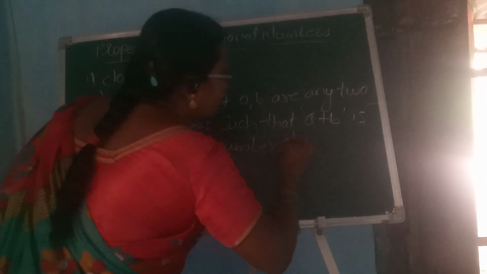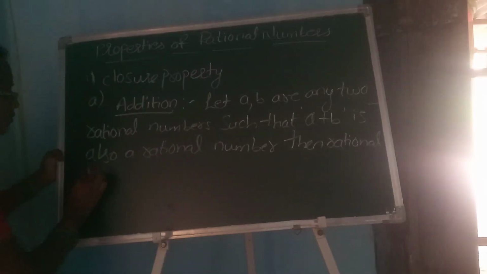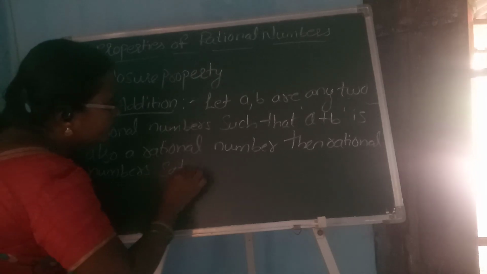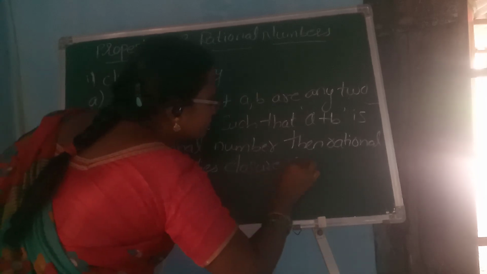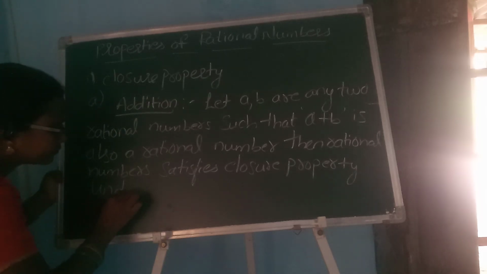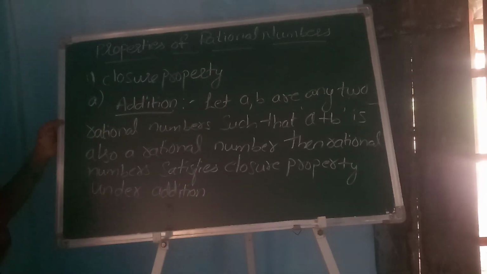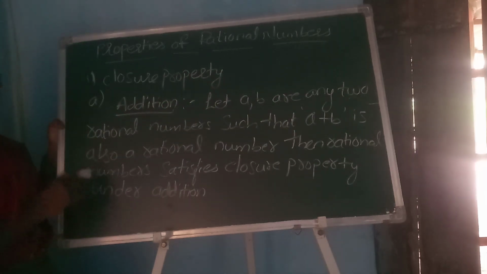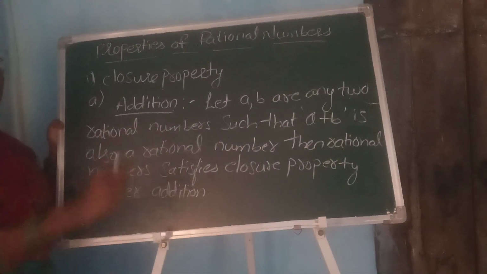Then rational numbers satisfy closure property under addition. I once again repeat, listen here. Let a comma b be any two rational numbers such that a plus b is also a rational number. Then rational numbers satisfy closure property under addition.